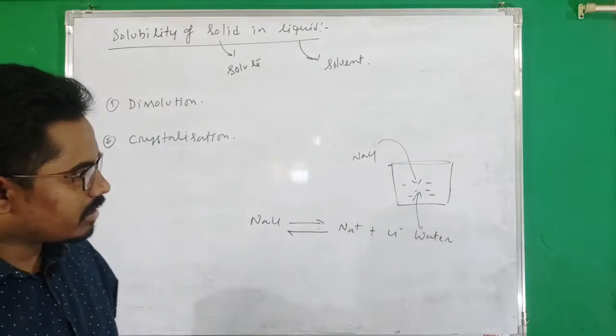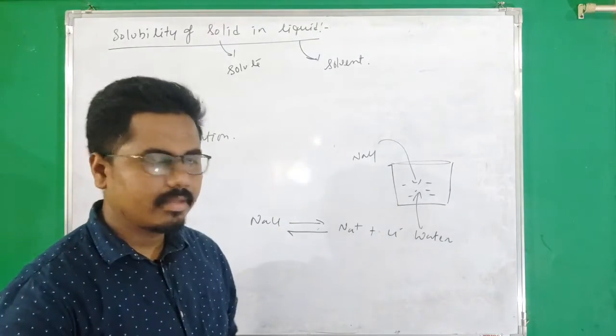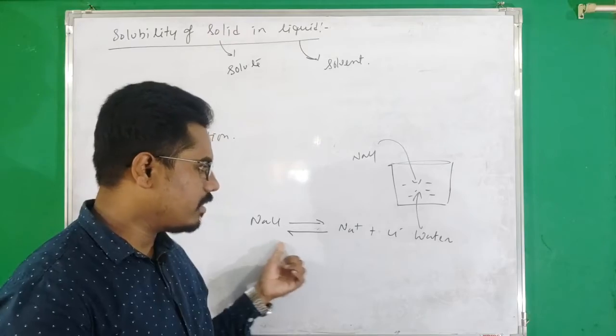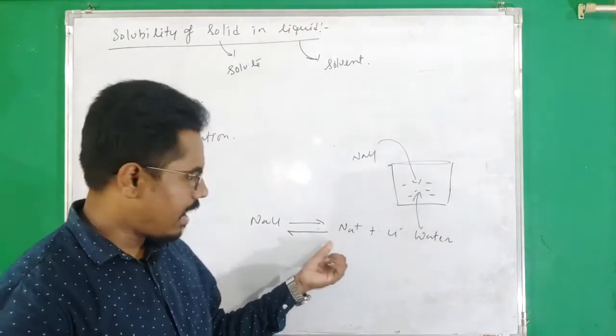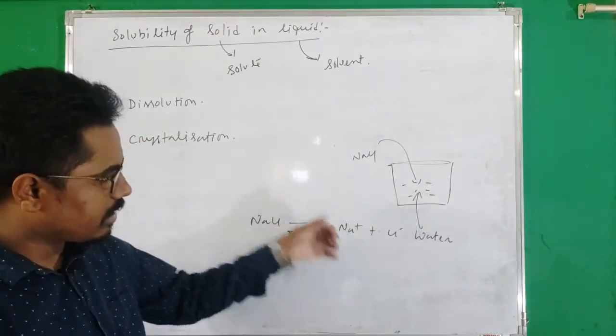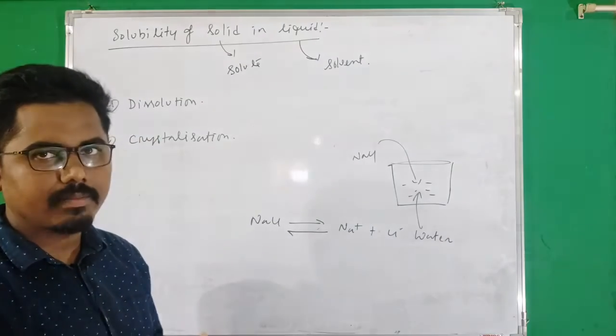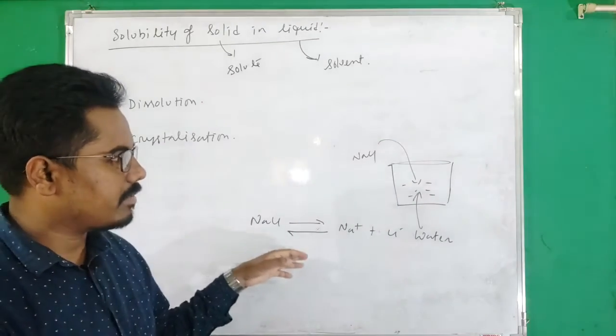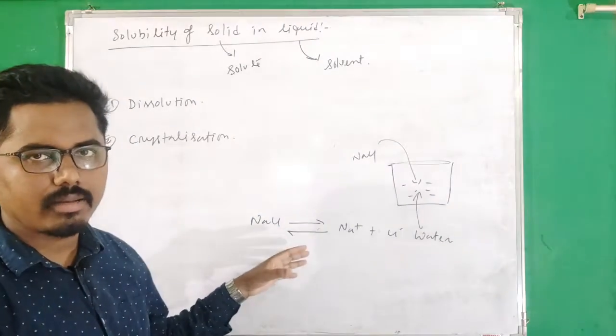Okay, but when the saturated solution is formed, then the rate of dissolution and rate of crystallization will be equal. Okay, and equilibrium is established when both the forward process and backward process have same rate. Then an equilibrium will establish, and that equilibrium is known as dynamic equilibrium.